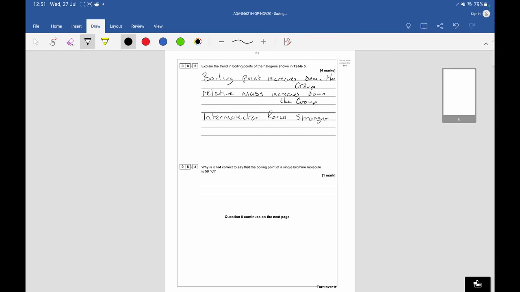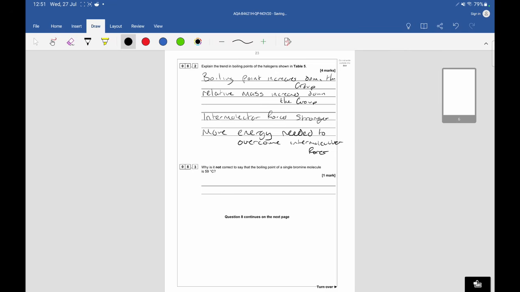I should say intermolecular. That's not what I've written. And finally, we need more energy to overcome those stronger forces. Because they're stronger, they need more energy to overcome.